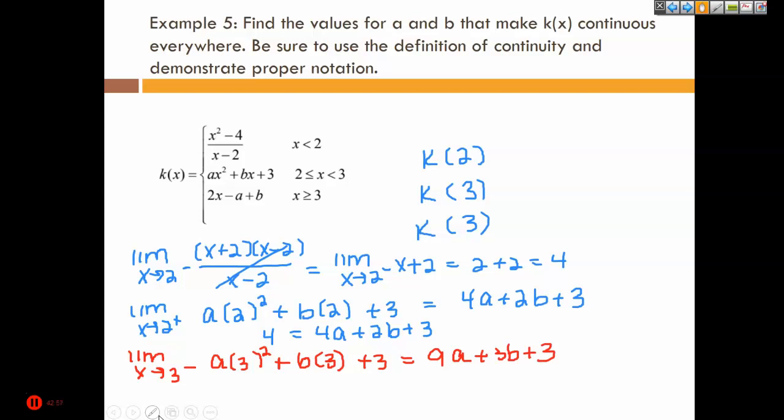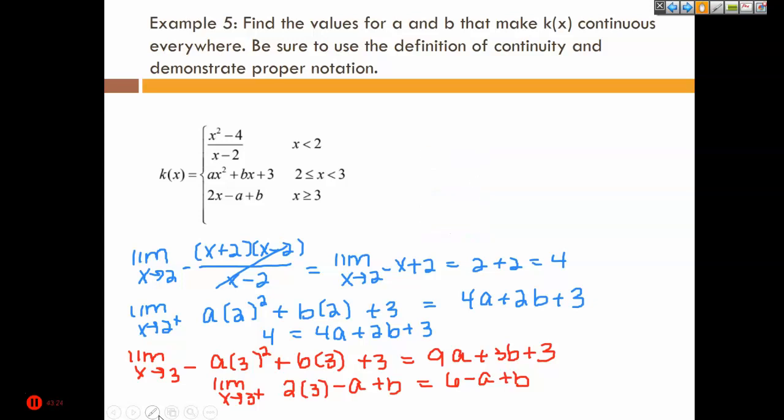And we're going to look at the limit as x approaches 3 from the right. So you get 2 times 3 minus a plus b. So you get 6 minus a plus b. And again, I know that in order for this to be continuous, the left-hand limit must equal the right-hand limit, which means that 9a plus 3b plus 3 must equal 6 minus a plus b.